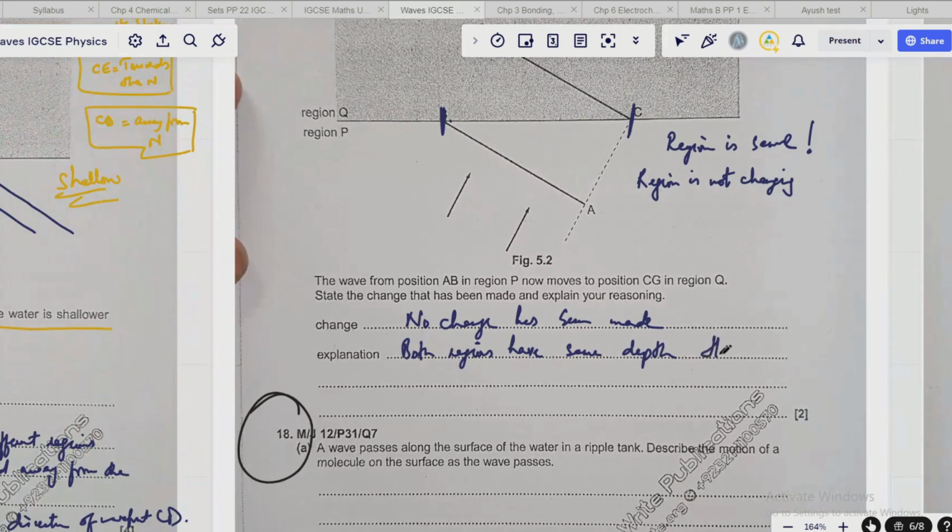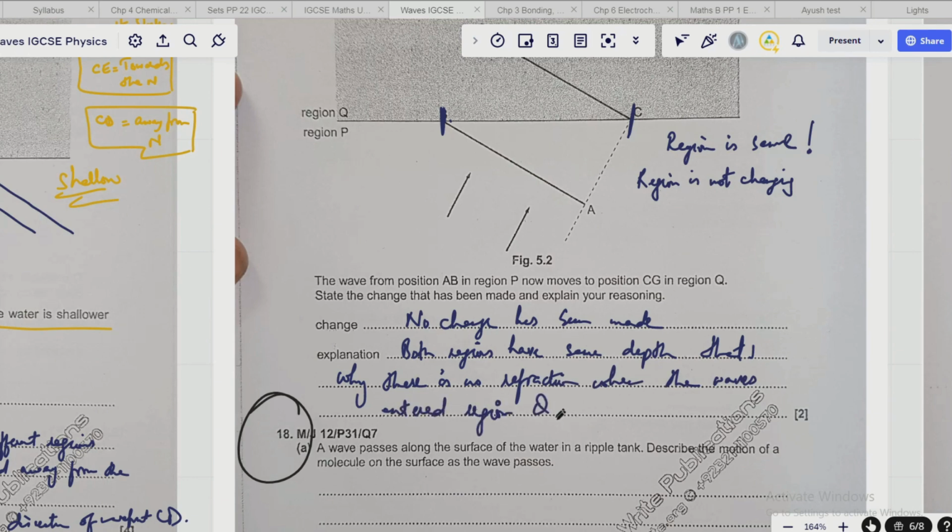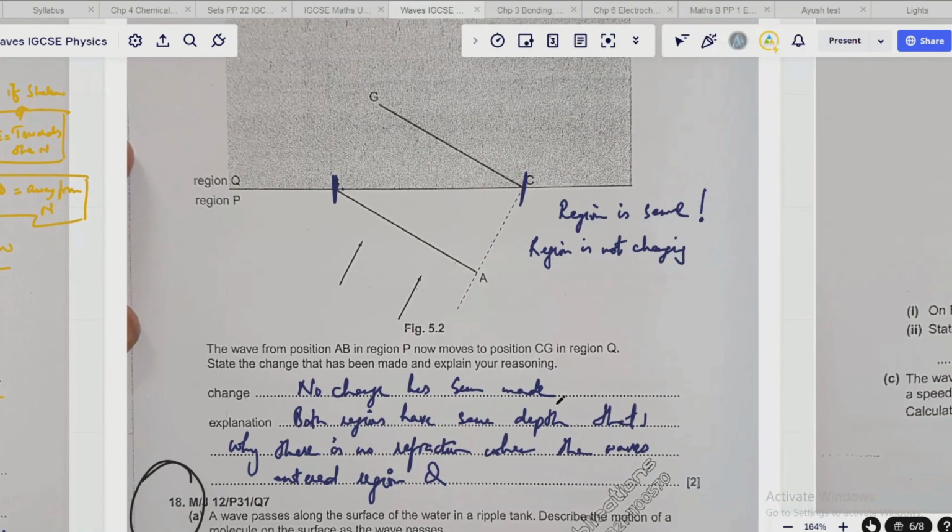That's why there is no refraction when the waves entered region Q. Understood? If there's any confusion, feel free to ask me. I'll explain to you again.